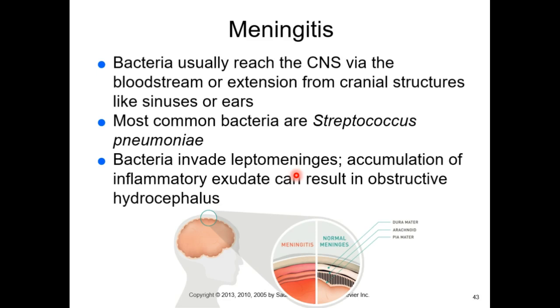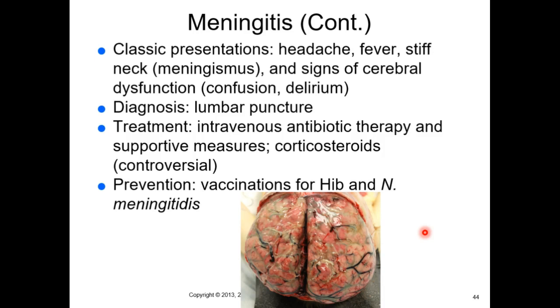Those guys, they're small. So if you get something bulky in that space, you can literally block that CSF circulation and develop hydrocephalus as a result of that. And we will talk about hydrocephalus separately. So meningitis, yeah, that's really bad.